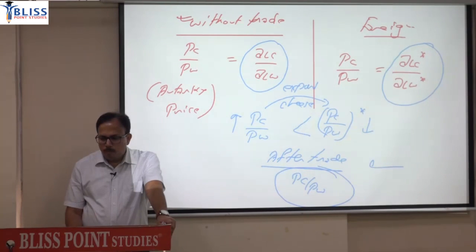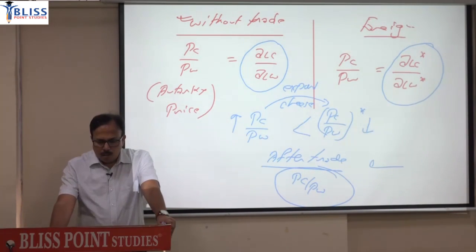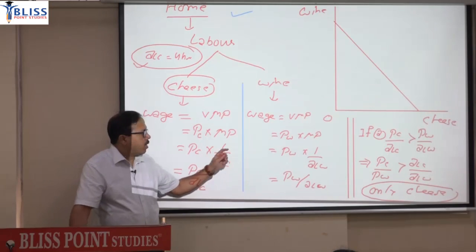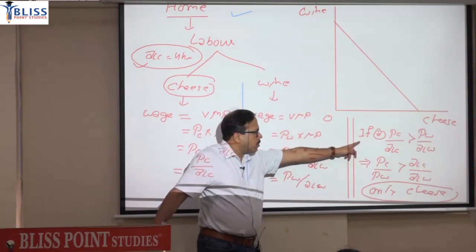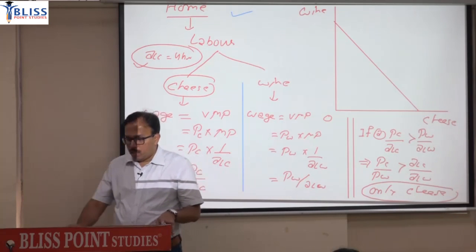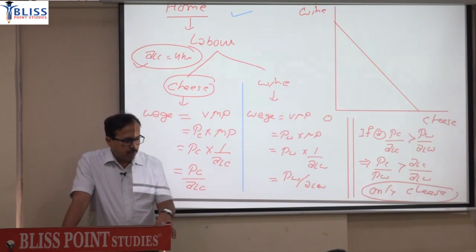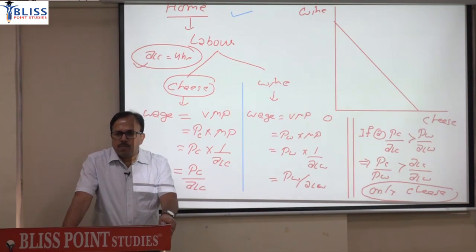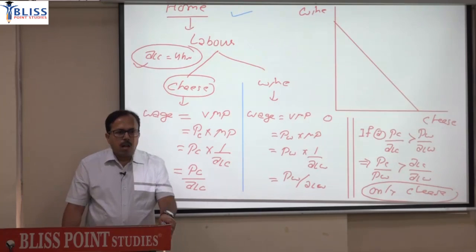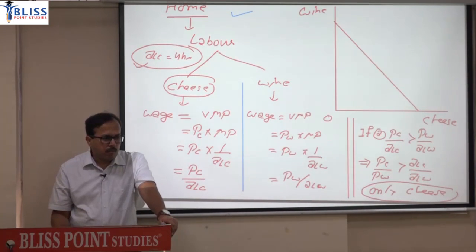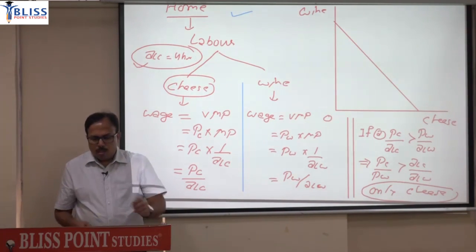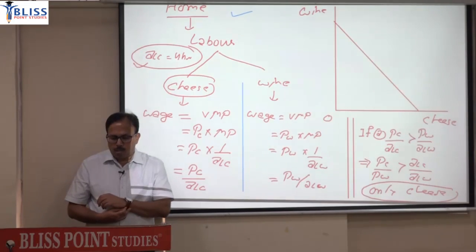For example, you can make it in points. Number 1, referring to this term now, if relative price of cheese is greater than opportunity cost of producing cheese, then country will produce only cheese.